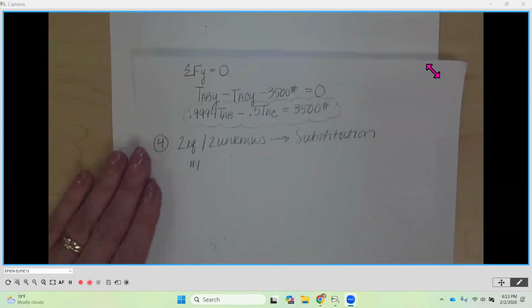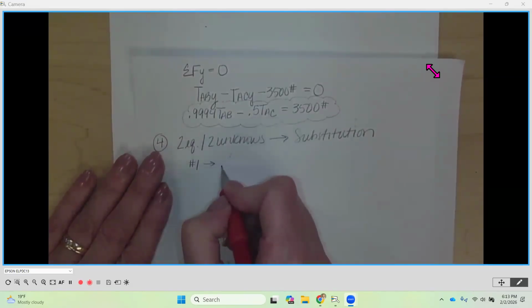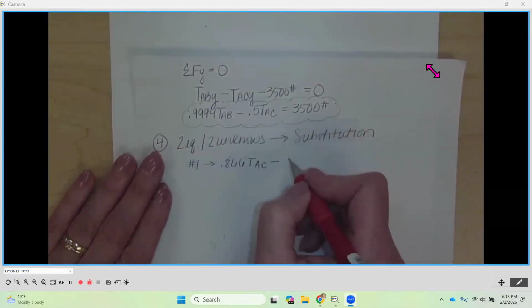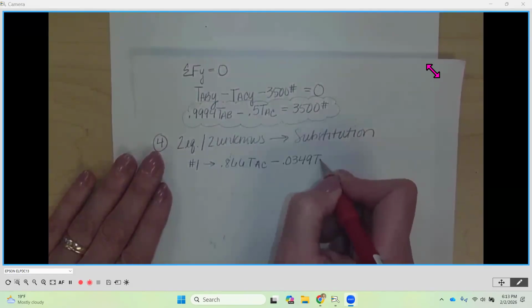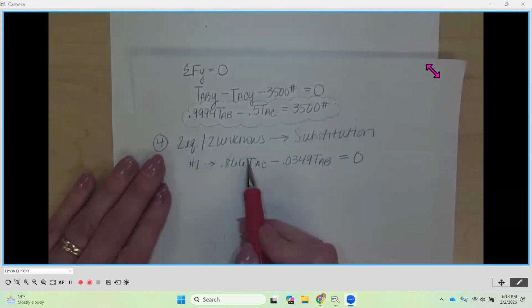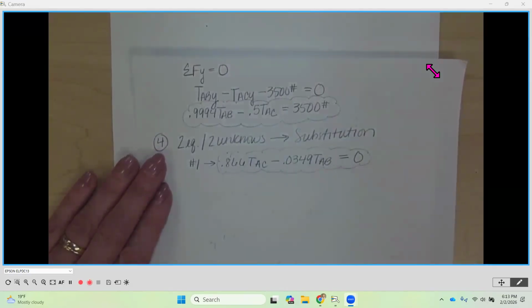So again, the way that I'm doing this is how I want to see you write it out. So equation number 1 is going to be 0.866 TAC minus 0.0349 TAB equal to 0. So this is equation number 1. Two unknowns, TAC and TAB.